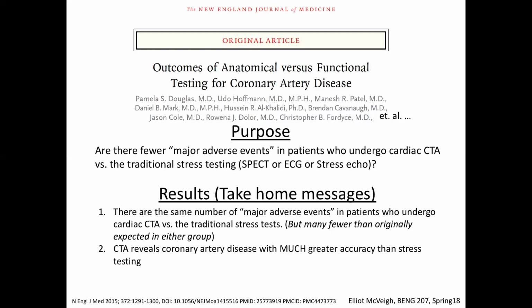At the end of this, we're going to find out that for this group of patients, and there were 10,000 people in the study, it's not a small study, the number of major adverse events in those who underwent cardiac CTA versus traditional stress tests was the same. In both arms of this trial, whether they went through the CT arm or the nuclear medicine arm, the number of events at the end was the same. And we'll see what a major adverse event is.